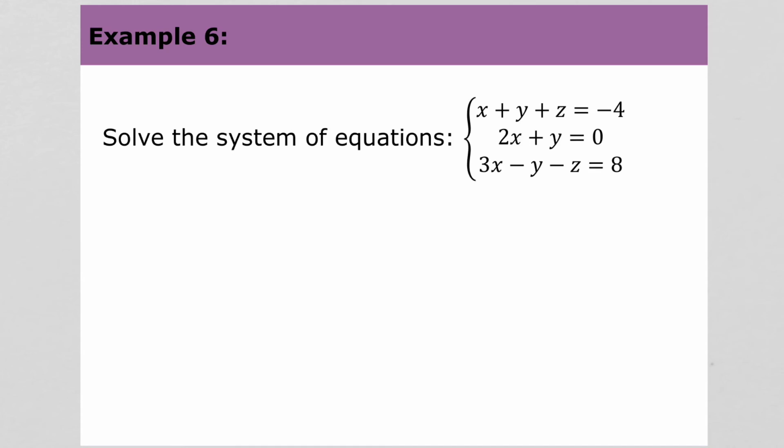Okay, so for this one, we need to make sure we're in order. First thing, x, y, z. x, y, there's not a z, that's okay. x, y, z. Okay, so we're good there.